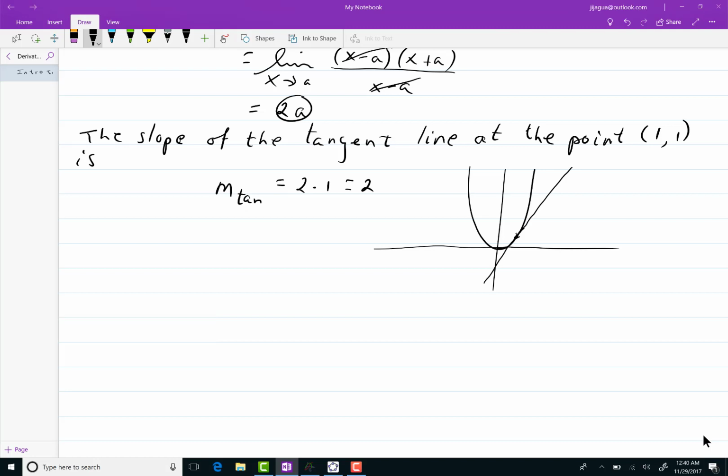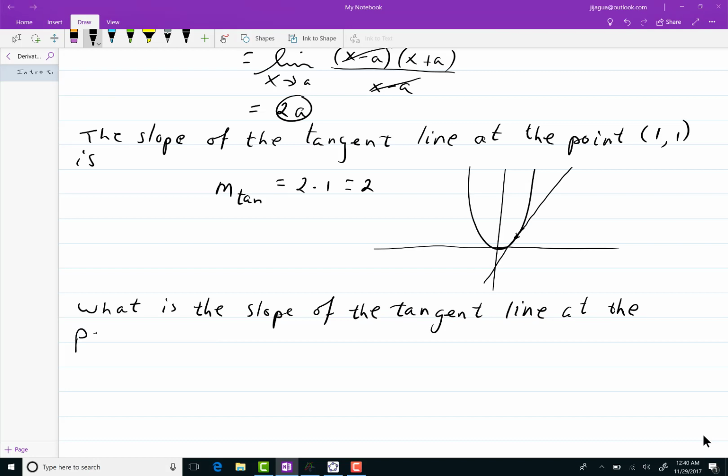How about the slope of the tangent line at the point negative 1, comma 1?